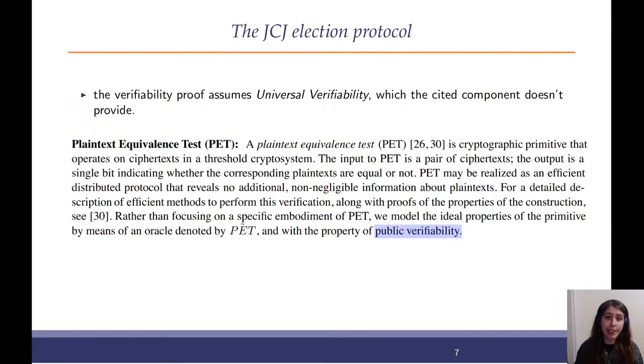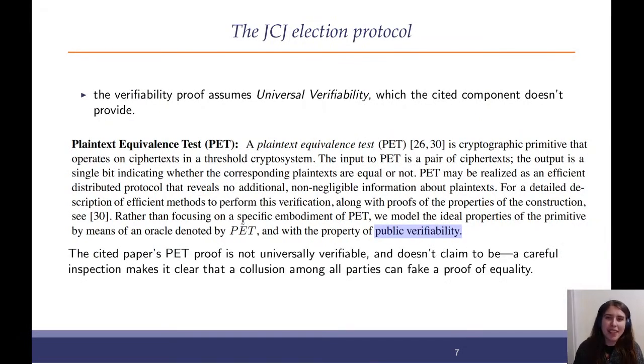Now, to their credit, they say, we assume the ideal properties of the primitives, and they say that it must have public verifiability. However, the trap lies for the unwary implementer in the fact that the paper that they cite doesn't have this property. So if they follow the paper, implement that test, they're not going to get a correct proof.